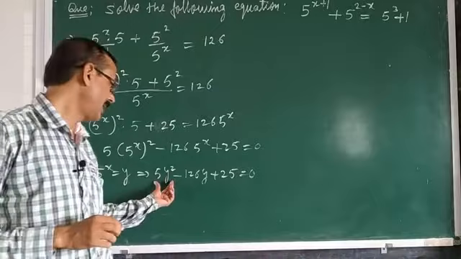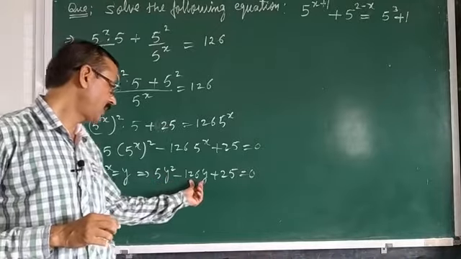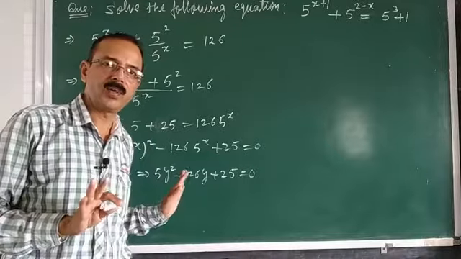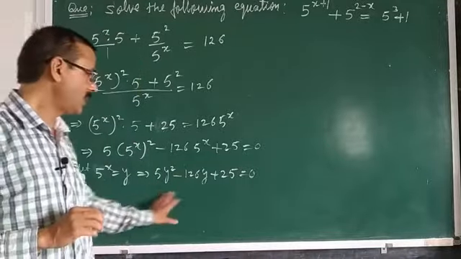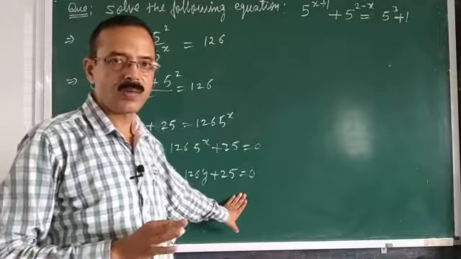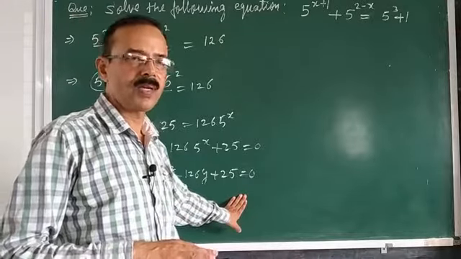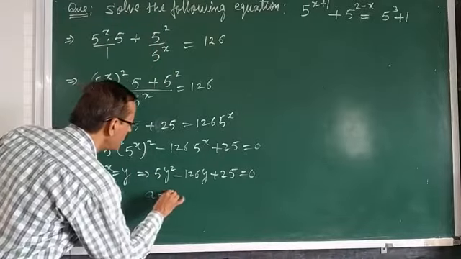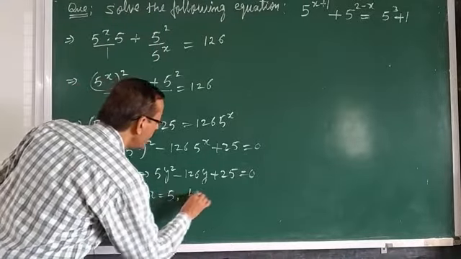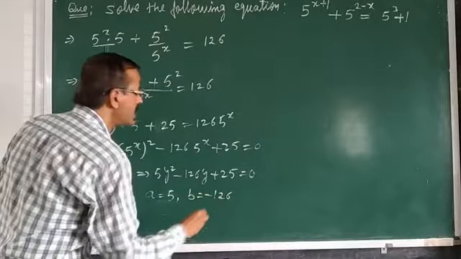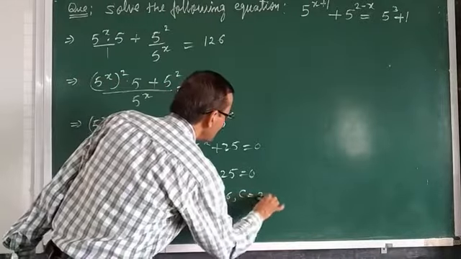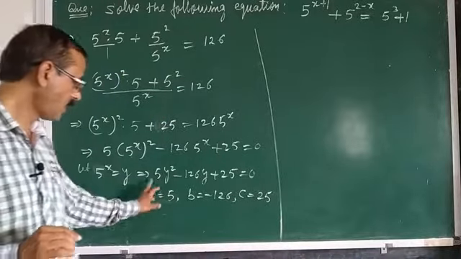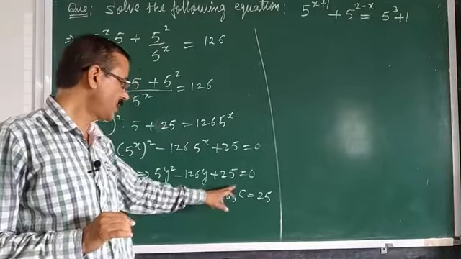This looks like a y squared plus b y plus c is equal to 0. So this is in the quadratic form. If we compare with the standard equation a y squared plus b y plus c is equal to 0, we will find that a is equal to 5, b is equal to minus 126 and c is equal to 25.